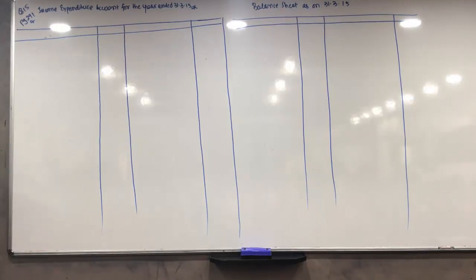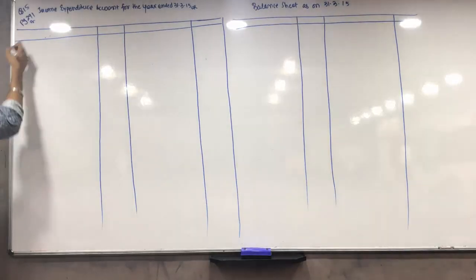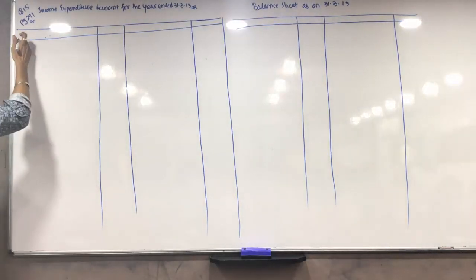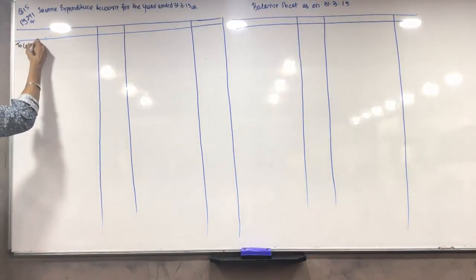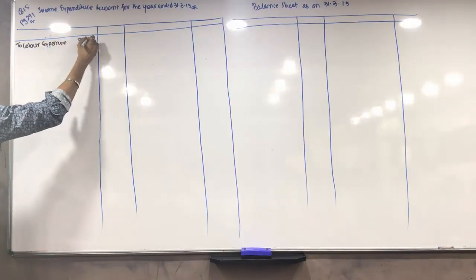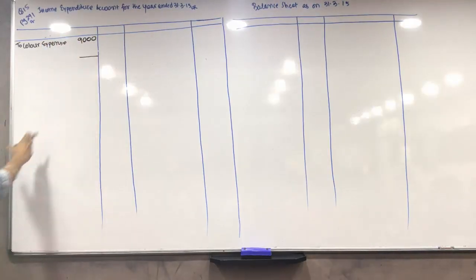Should I start now? Yes. Okay. Now, post color expense. On the debit side of the income and expenditure account, inner column, 9,000 to color expense. Now there is an adjustment.